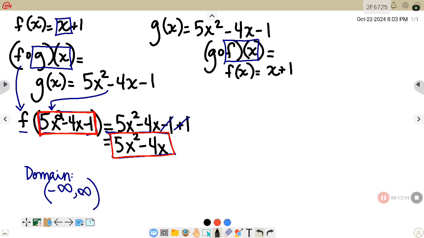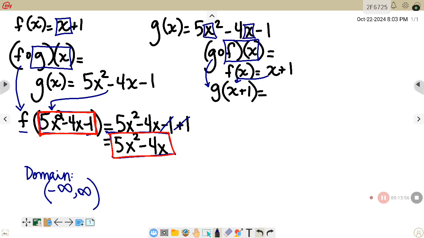That's as far as I can take that step. So now I will bring down the g, and I am finding g of that last answer, which is x plus 1.